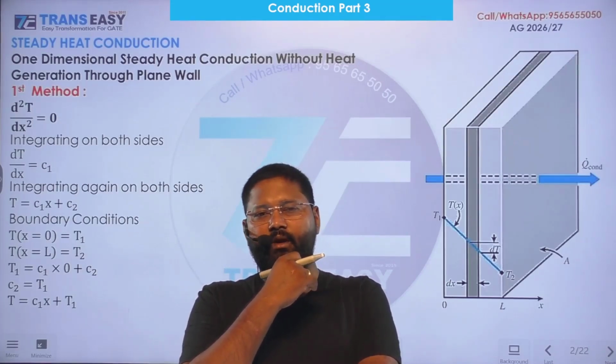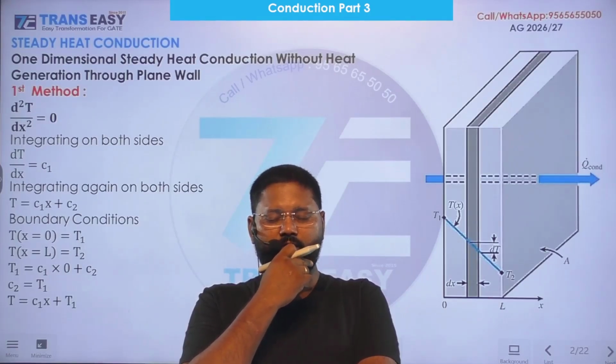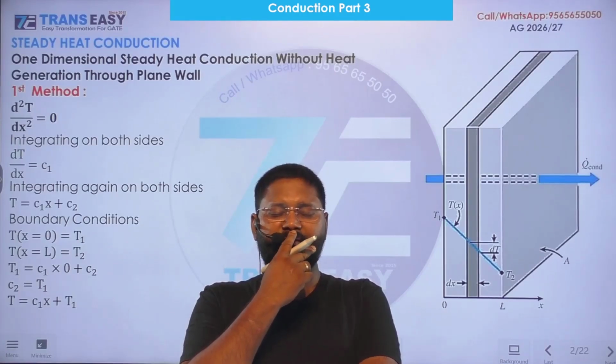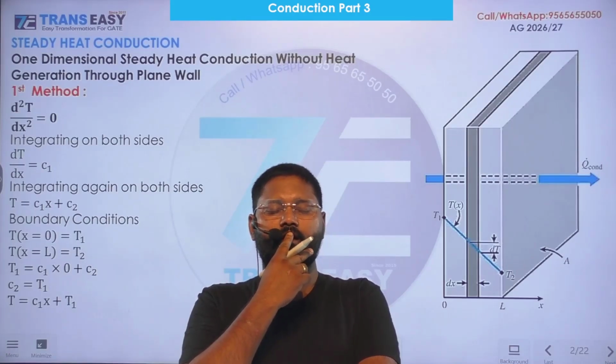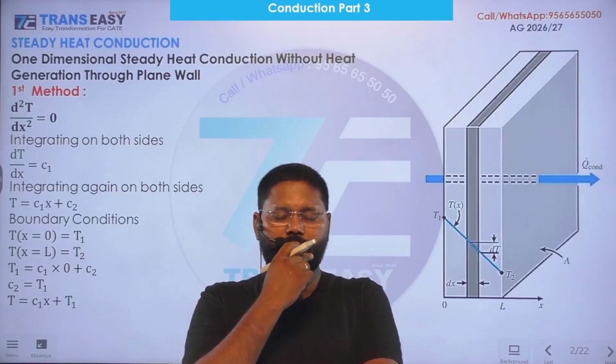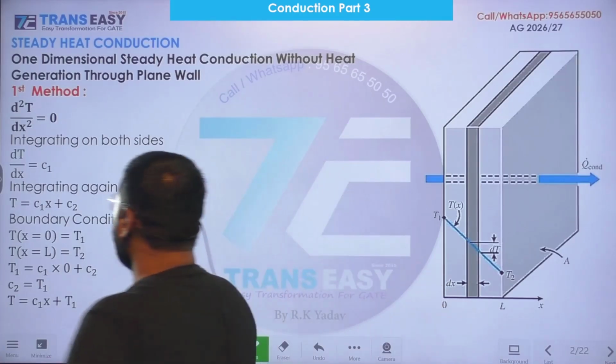Temperature is varying in only one direction. It is not varying with time. There is no internal heat generation. The problem is the simplest, and it is one dimensional steady heat conduction without internal heat generation. We are taking a plane wall.